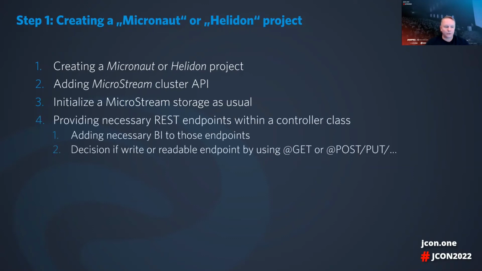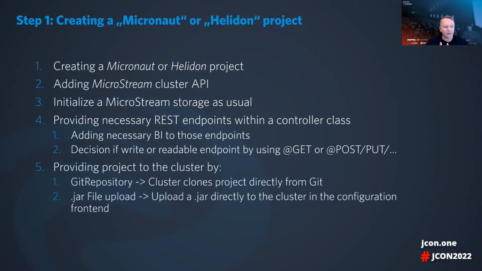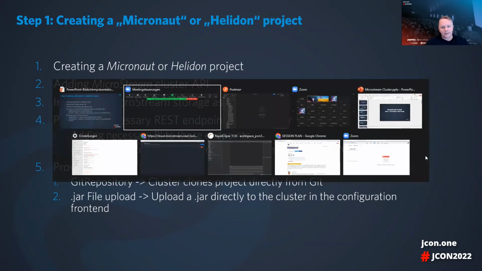Then we have to provide the REST endpoints we need in the controller classes we need. This is the same way as in a normal Micronaut or Helidon project. Then we provide that project to the cluster by using the Git repository, for example, and the jar file. In the future, there might be more possibilities to hand over the application, but let's see what happens then. Let's jump into it.